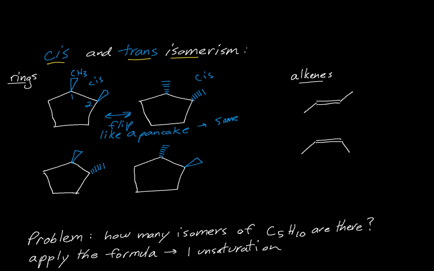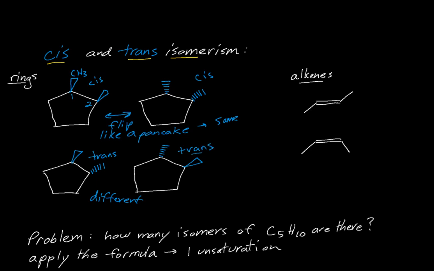They no longer superimpose. These are different. We're going to get into the more complex naming of those kinds of molecules later. But this is just to point out that this is trans and that this is another molecule that's also trans.